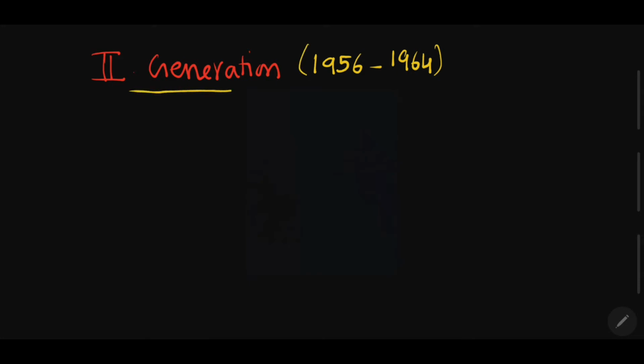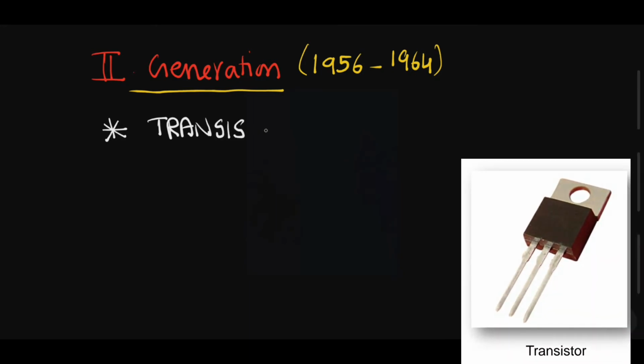Second generation computers. The duration of second generation computers is from 1956 to 1964. In this second generation, transistors are used as the technology or processor.